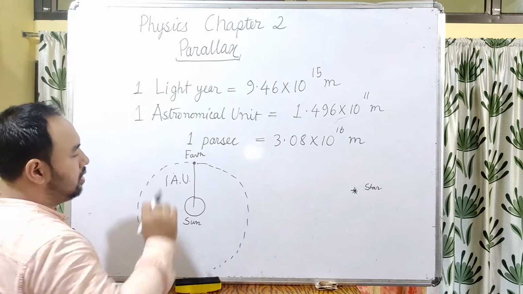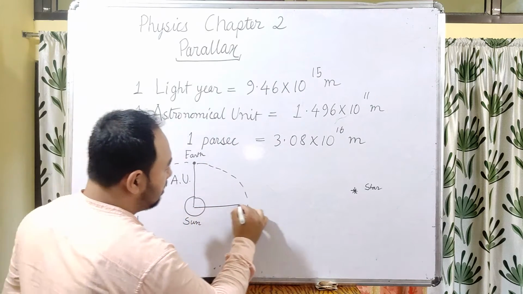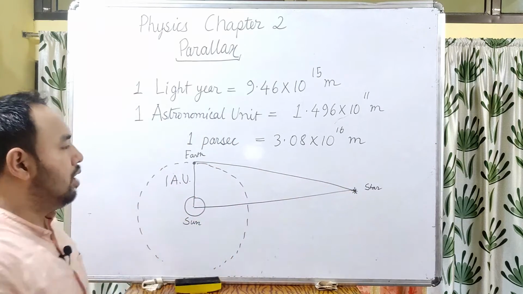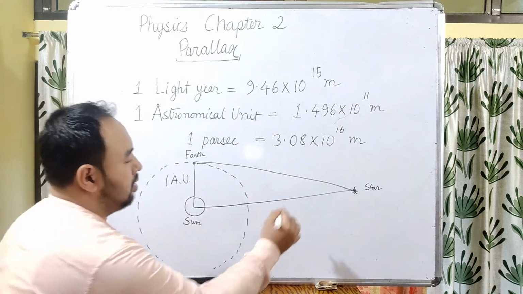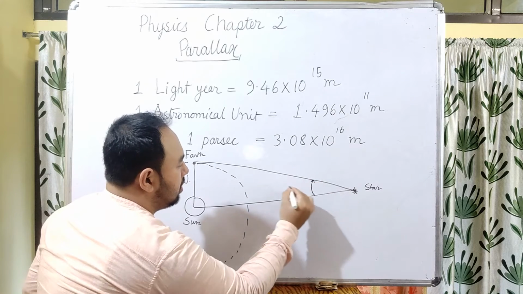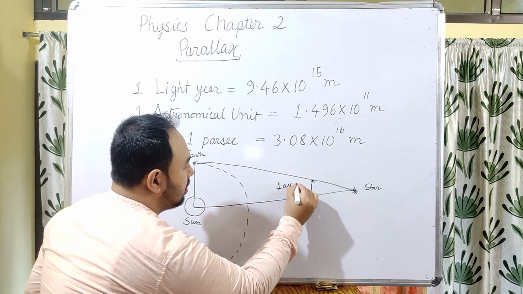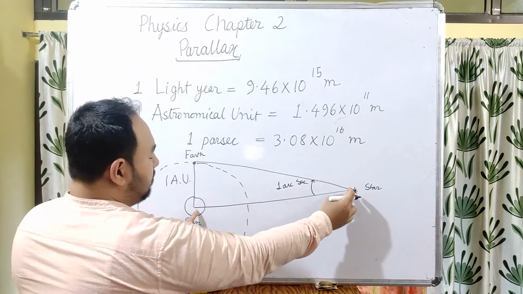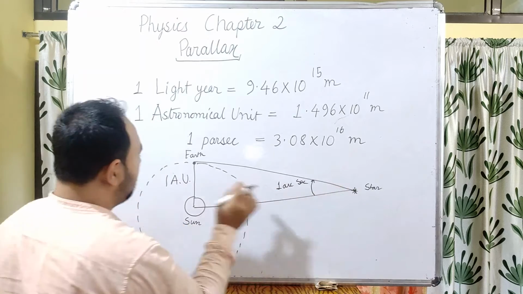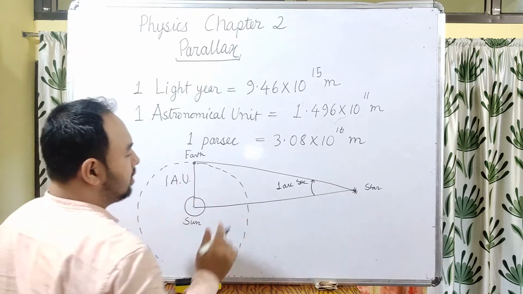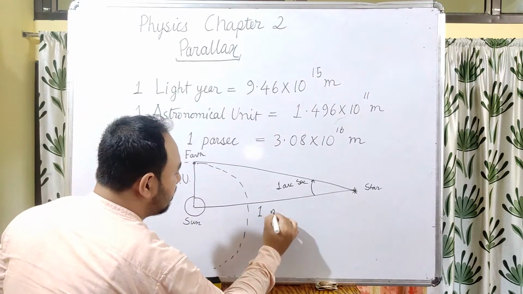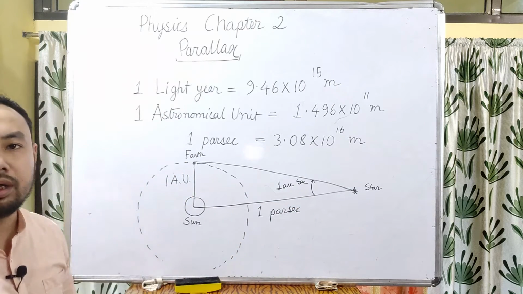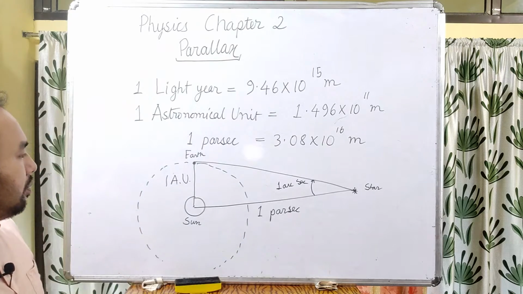Now this will be the radius. If the angle formed over here is 1 arc second, then this distance between the sun and the star, or you can say between the earth and star, is defined as 1 parsec.